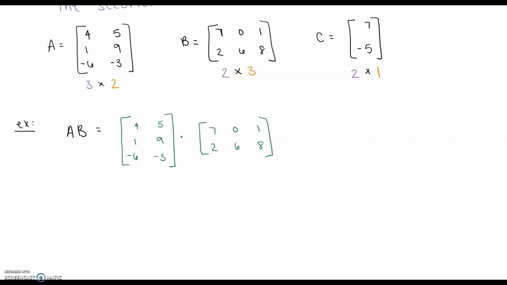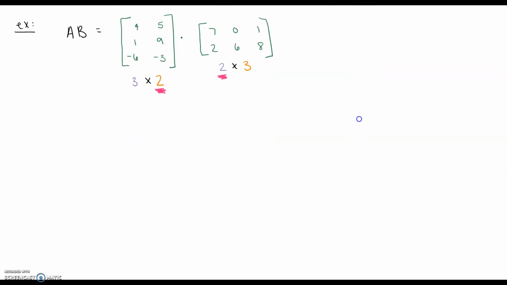So this is a 3 by 2, and the next one is a 2 by 3. So we need to check, do the columns in the first match the number of rows in the second, and it does. So this is why it's important.